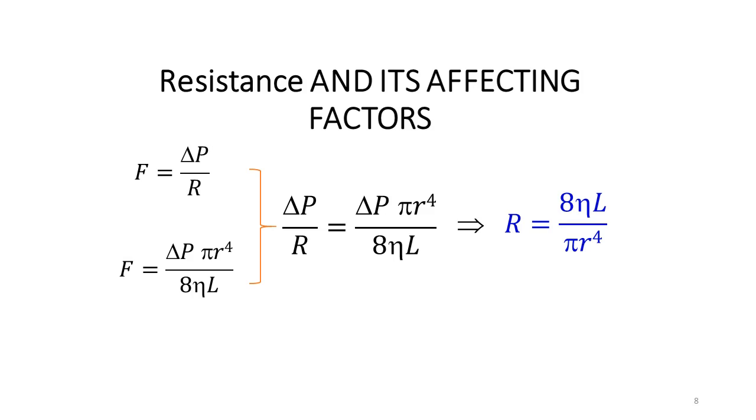As you can see, we can find resistance by measurement of pressure and flow, and also we can find resistance by measuring viscosity, length and radius of the vessel at that point.